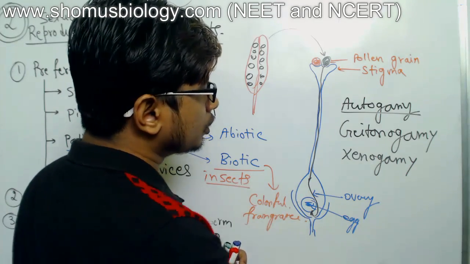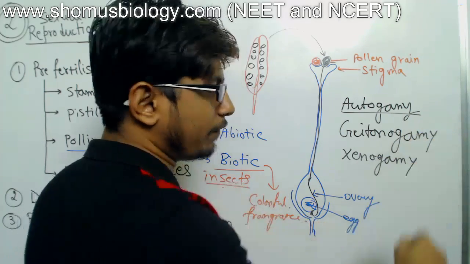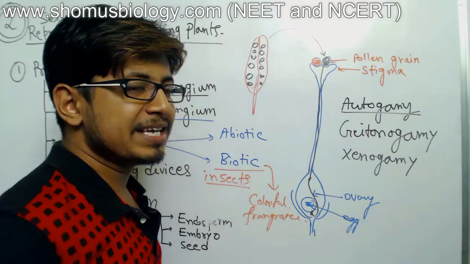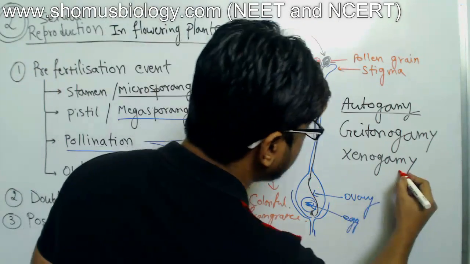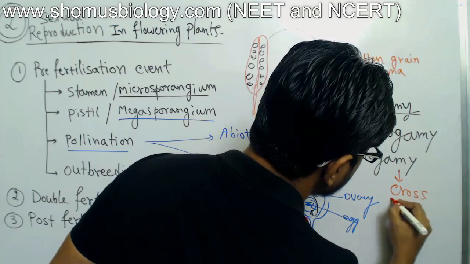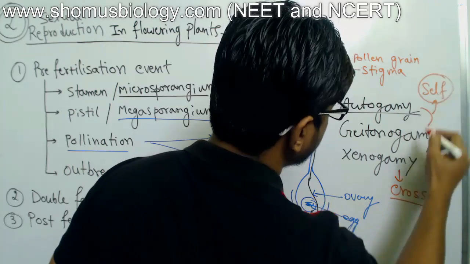Remember that. So autogamy, same plant, same flower. Geitonogamy, same plant, different flower. And xenogamy is known as cross pollination. So this is cross pollination. These two are self pollination.